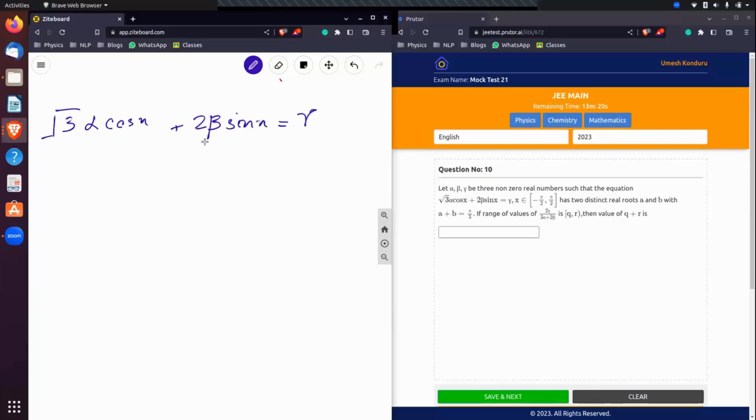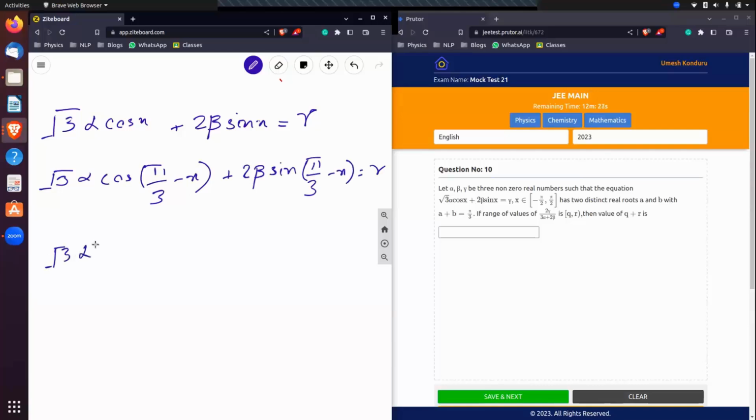Gamma equals this, with the extra restriction that the solution of this, the sum of the solutions, should equal pi by 3. What does that mean? That means we also have this equation to be true. Pi by 3 x. So we solve this.